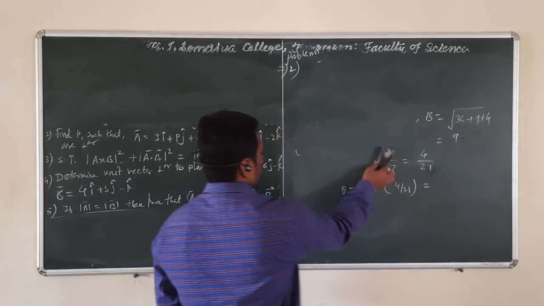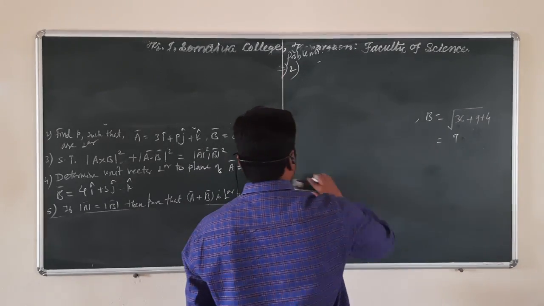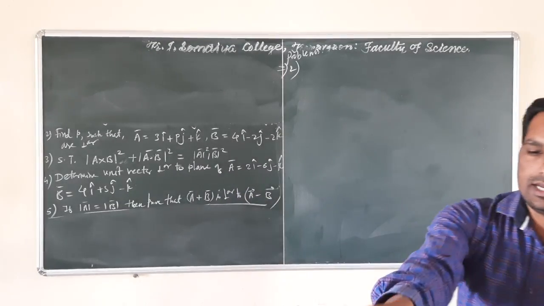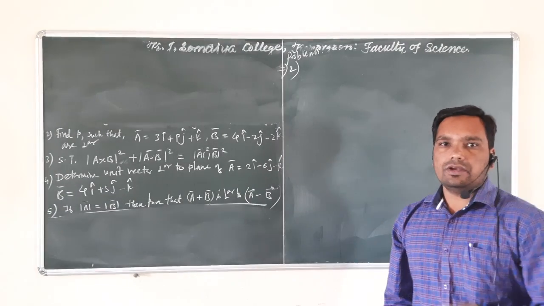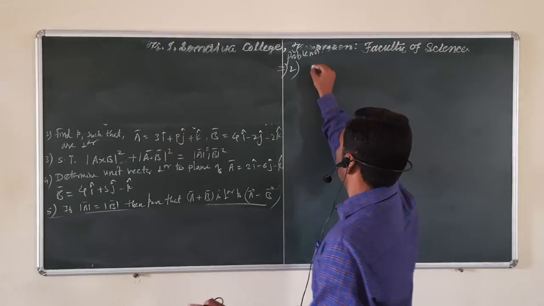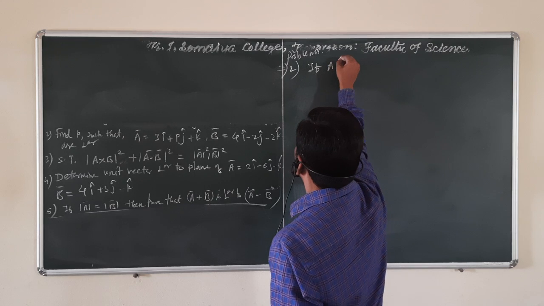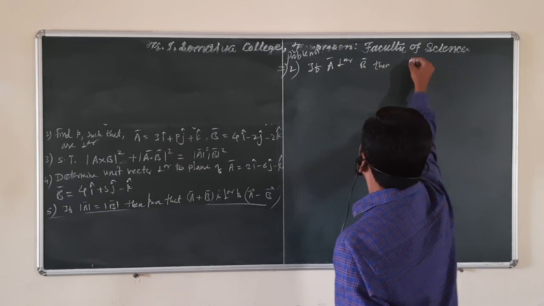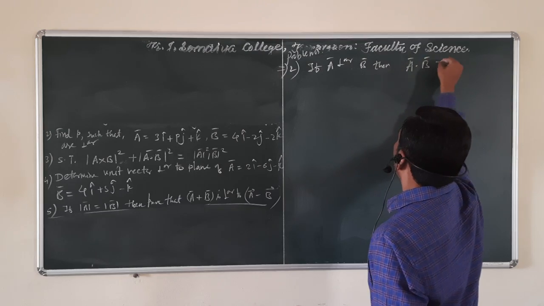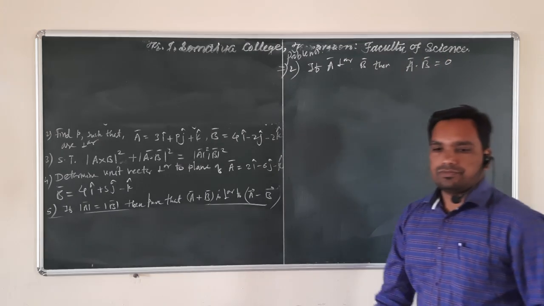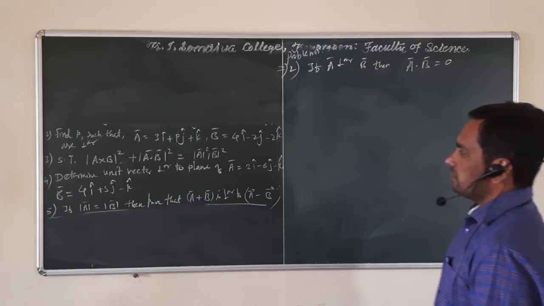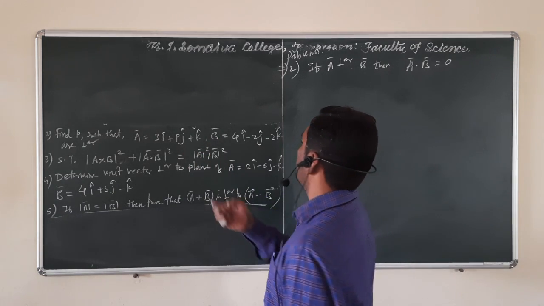Okay, so from property of dot product, we know that we already studied in dot product. If vector A is perpendicular to vector B, then their dot product vector A dot B is 0. So we have to find out dot product of these two vectors.